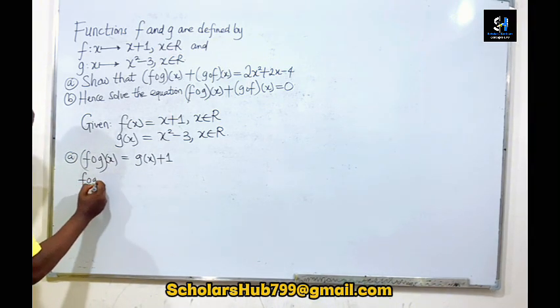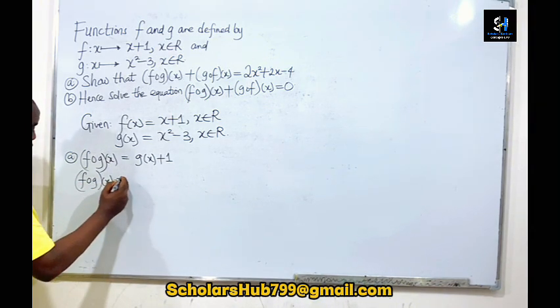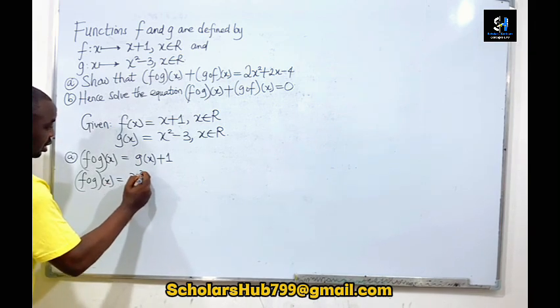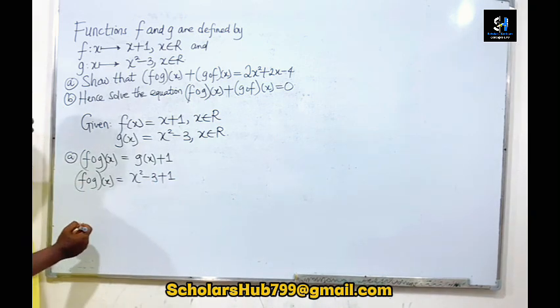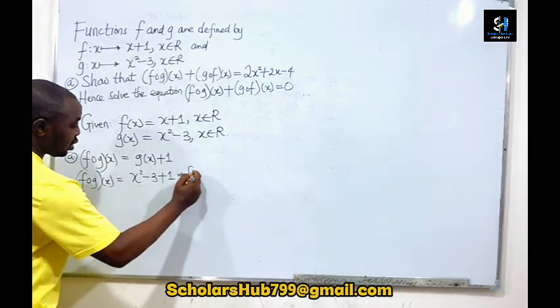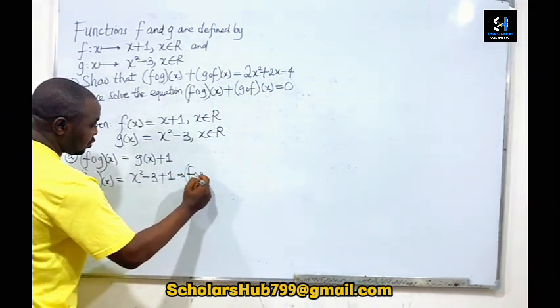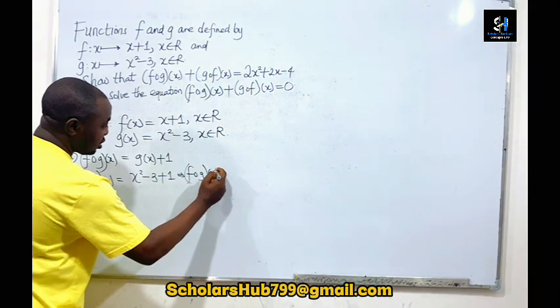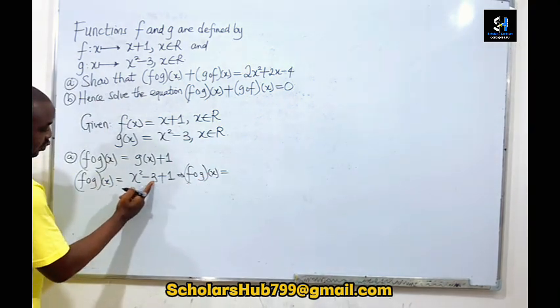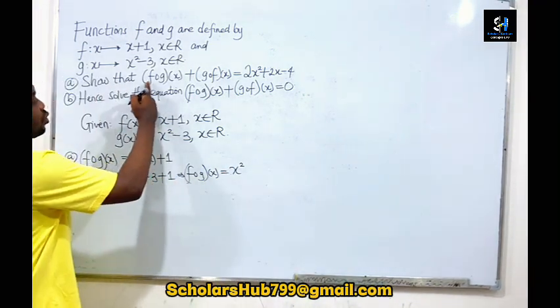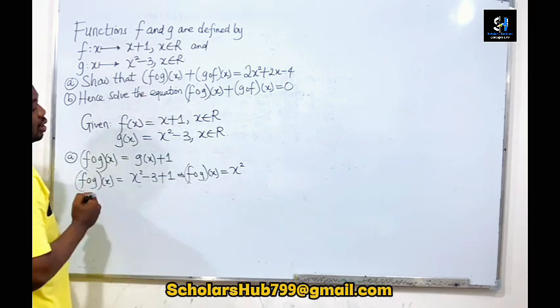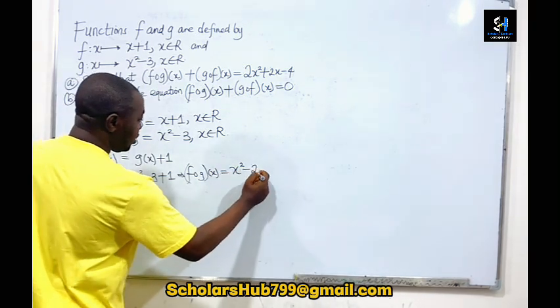So the composite function fg of x equals x squared minus 3 plus 1, and minus 3 plus 1 is minus 2. So the expression for the composite function fg of x is x squared minus 2.